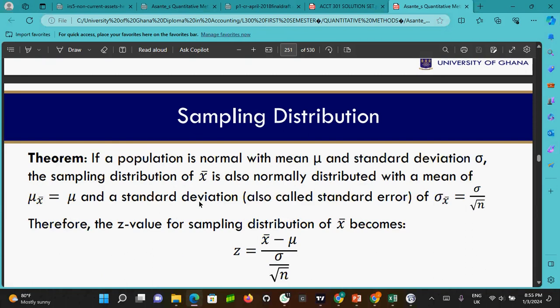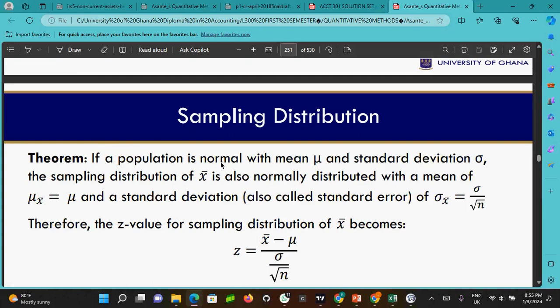So with constructing the sampling distribution, we use something we call the central limit theorem.